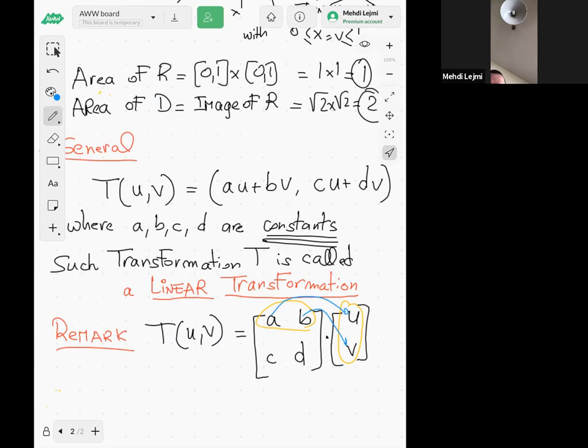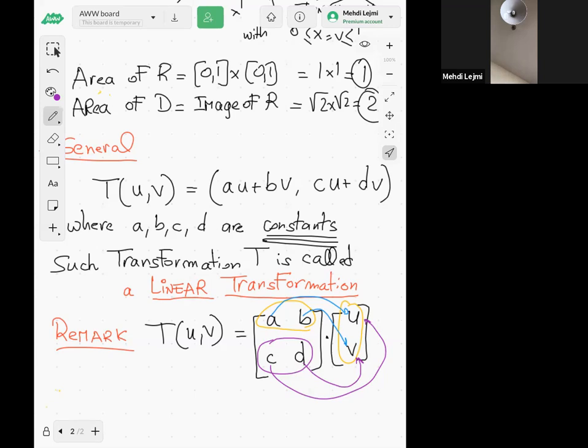Then you take the second row, c d, and compute c times u plus d times v, all right? Anyway, it's called a linear transformation because you can write it as some matrix times (u, v).